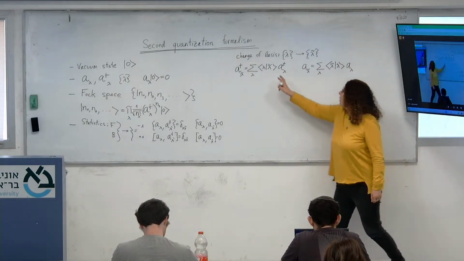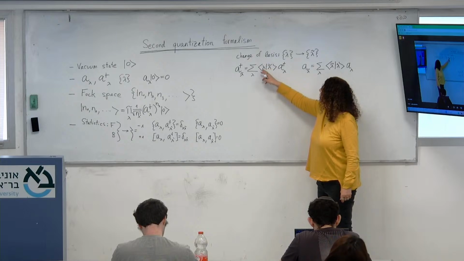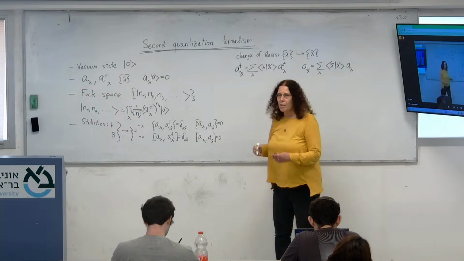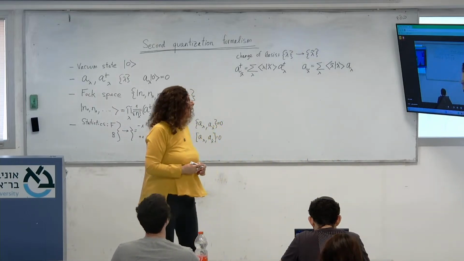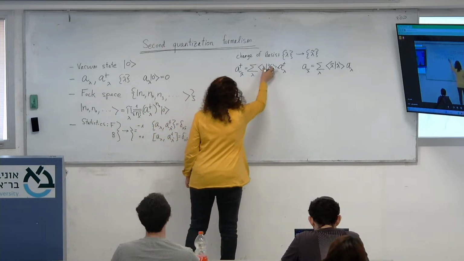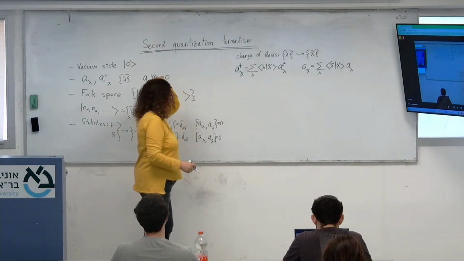So, this overlap, or inner product, between lambda and lambda twiddle is nothing but a unitary transformation from one basis to another, elements of a unitary transformation.